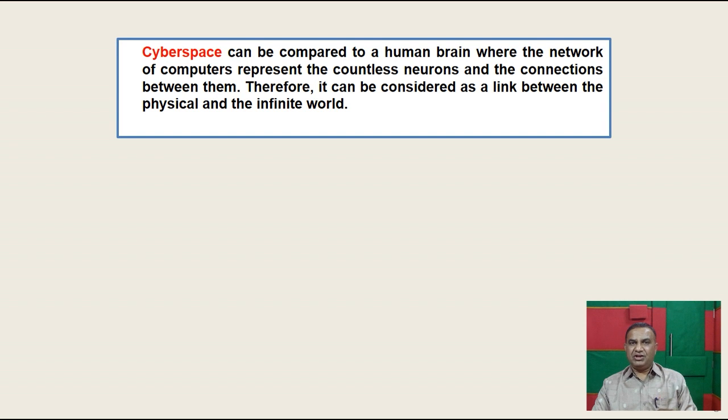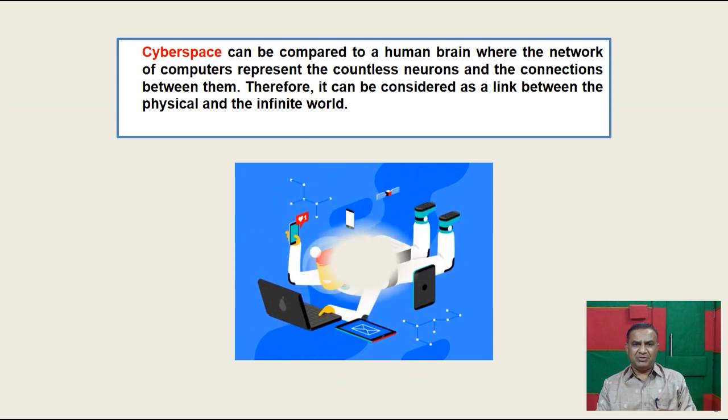When we use the concept of cyberspace, we are trying to connect two physical persons with each other using the concept of virtuality. When the persons get connected virtually, there must be a link or some media, which is used with the help of either WhatsApp, Facebook, or email. These are some of the things.